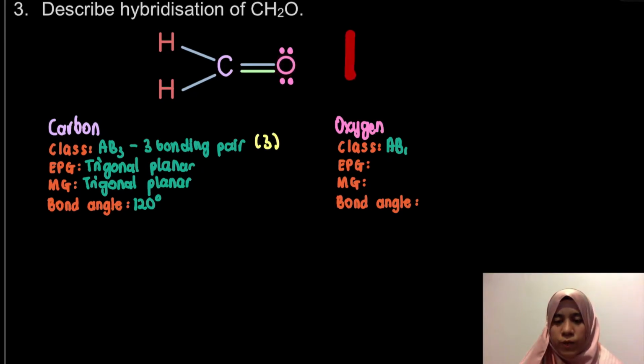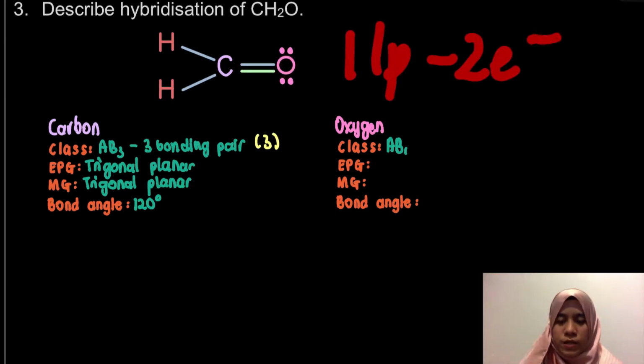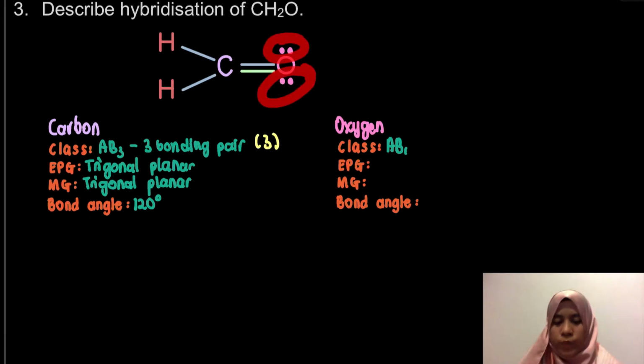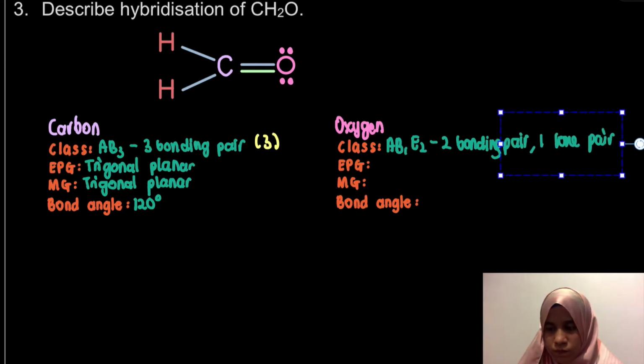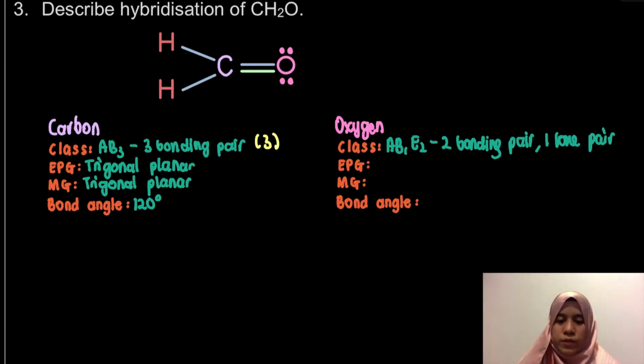Remember, 1 lone pair means 2 electrons. So here is 1 lone pair, 2 lone pairs. So AB1E2. What does it mean? It is 1 bonding pair, 2 lone pairs. What is the total electron pair? 2 plus 1 is 3. So originally it is also trigonal planar.